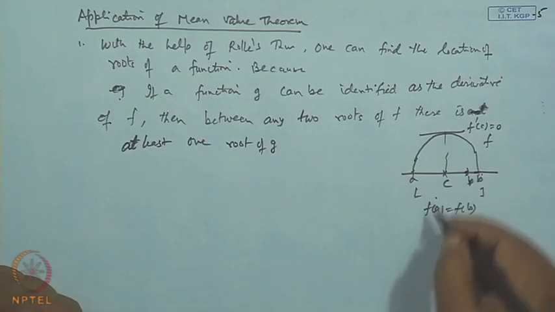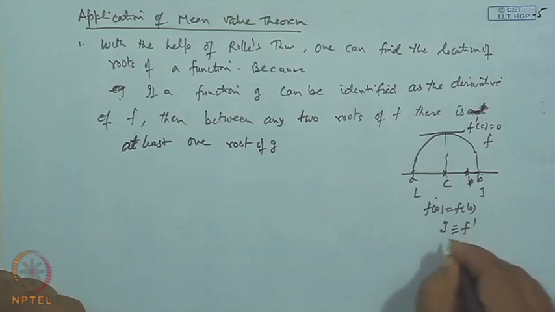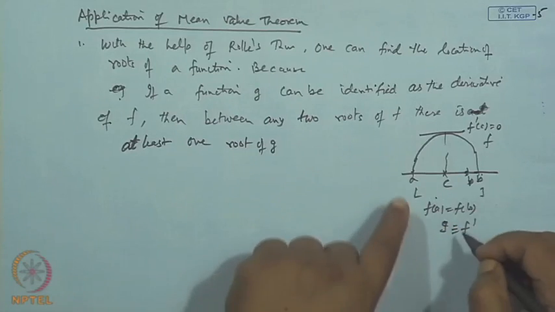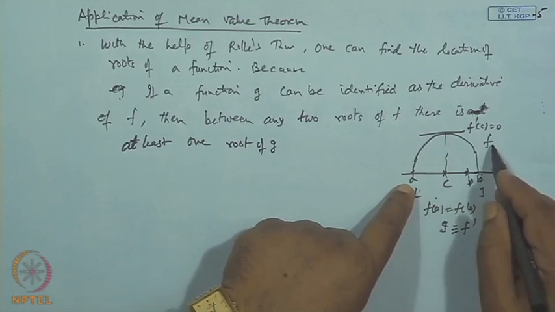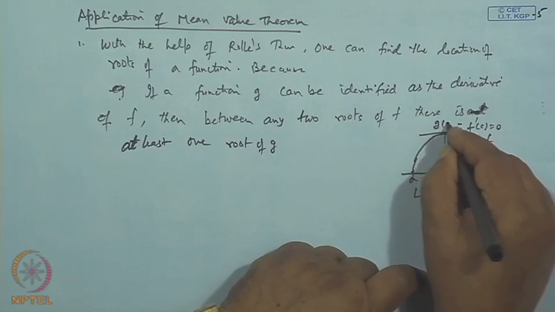It means, if I say g is a function which is equivalent to the derivative, then between any two roots of function f, there is a root of g, because this is equivalent to g c.